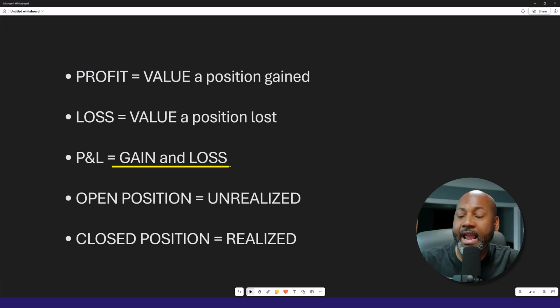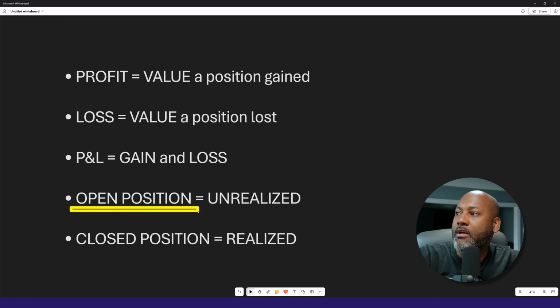So you got profit and loss, and then you got gain and loss. So now you know more terms to be able to navigate the financial landscape when you see these terms being used. In this case, we're specifically talking about the stock market.